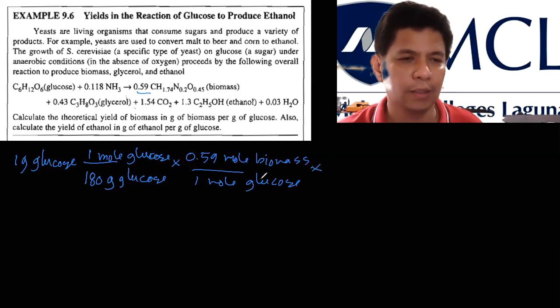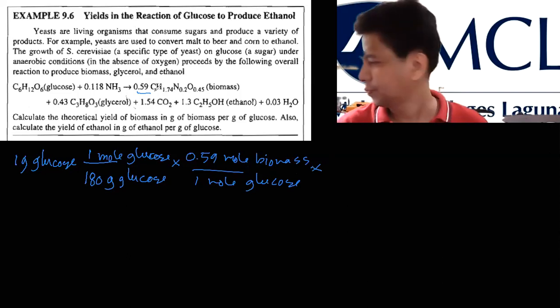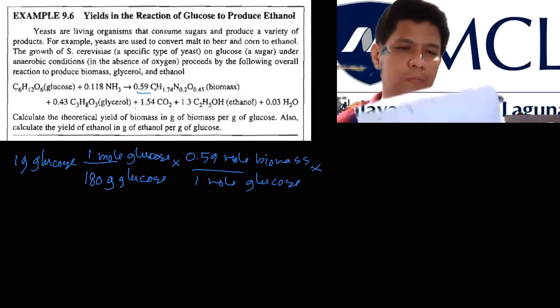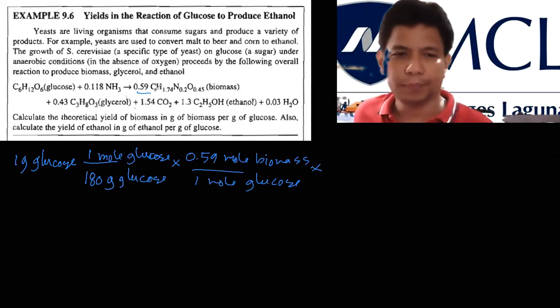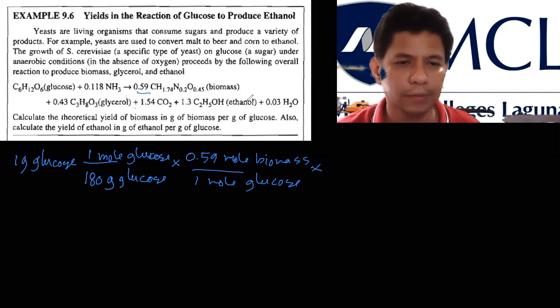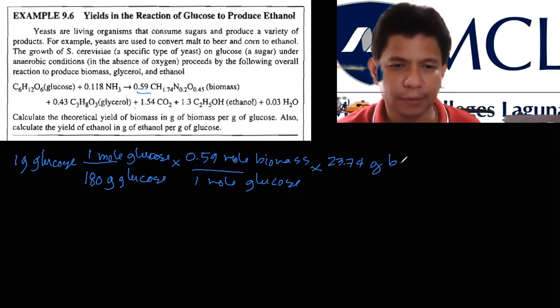And then finally, multiply this by the molar mass of biomass. If we calculate the molar mass of biomass, you'll get 23.74 grams of biomass for every mole of biomass.